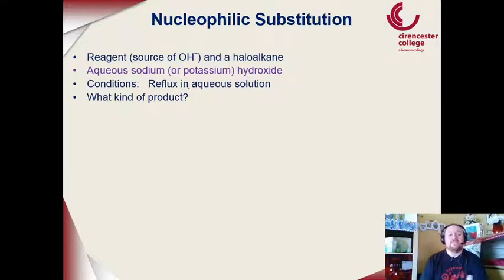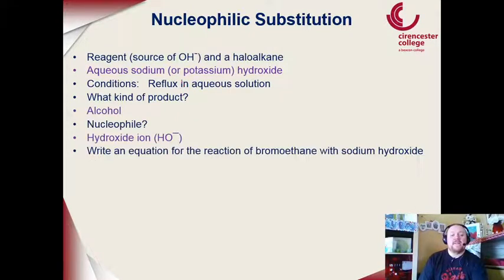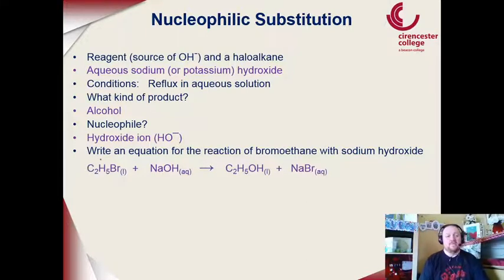So you sometimes need a bit of ethanol just to move it along. If you do a nucleophilic substitution with, for example, bromoethane, you end up making ethanol and sodium bromide. It works really easily. It's quite an effective reaction.